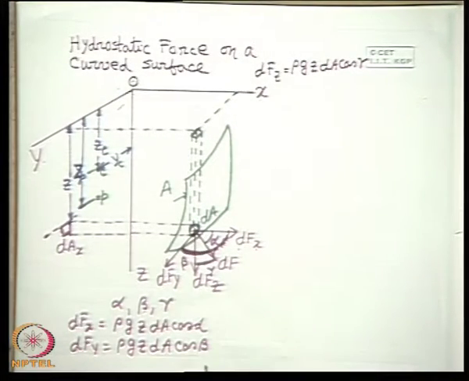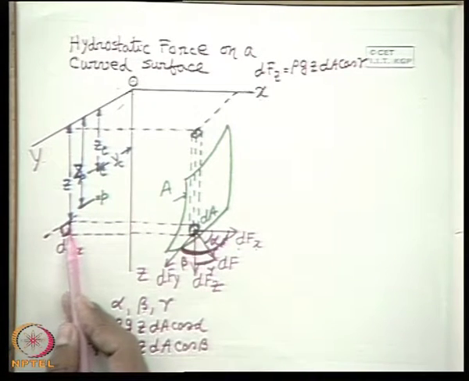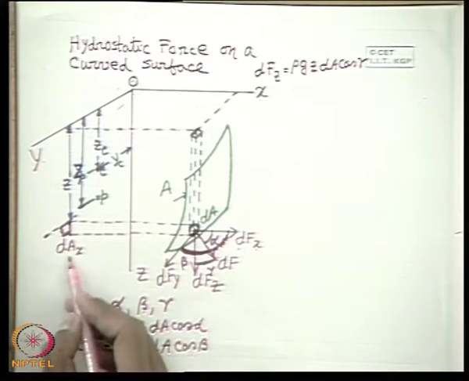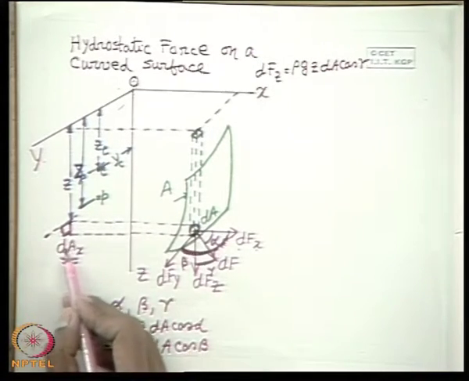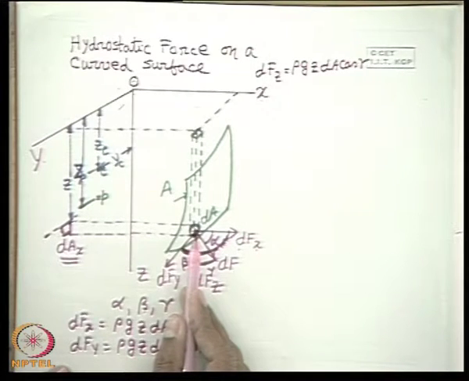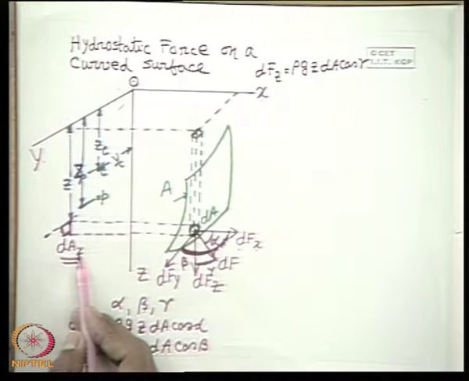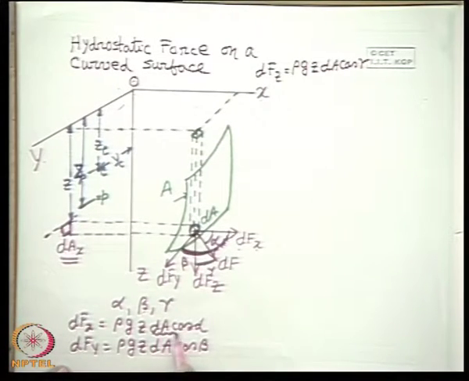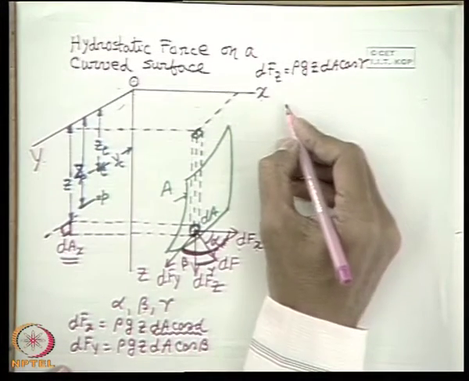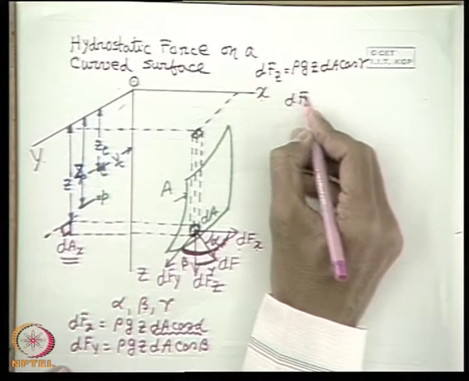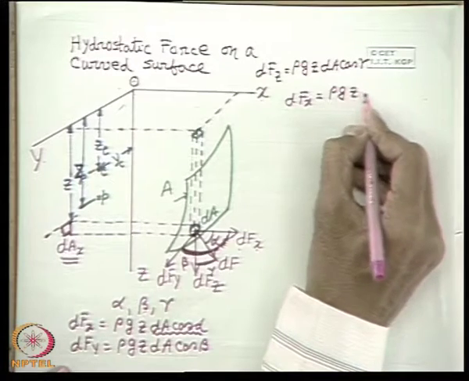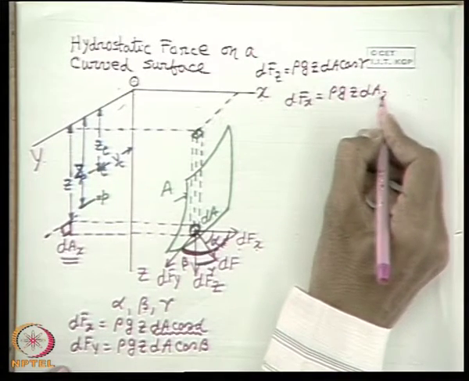Now you see this dA cos alpha physically represents the projected area of dA on the yz plane, that we denote as dAx. That means it is the projected area of elemental area dA on a plane whose perpendicular is x, that means on the yz plane. So we can replace dA cos alpha by dAx and write dFx is equal to rho g z dAx.